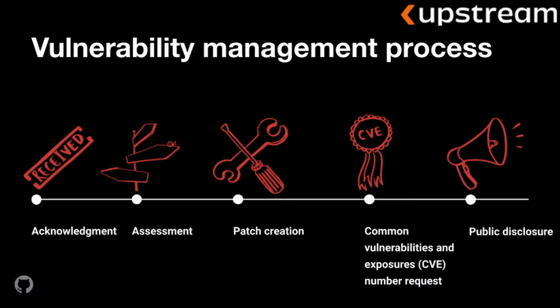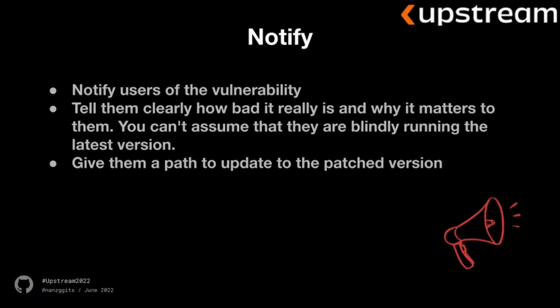Finally, last step is public disclosure. Because once a patch is published, maintainers have to notify users and direct them to update. Having a patch for a vulnerability may seem like the end of the journey, but the process doesn't end there. How useful is a patch if users don't know it exists? Their system will remain vulnerable.